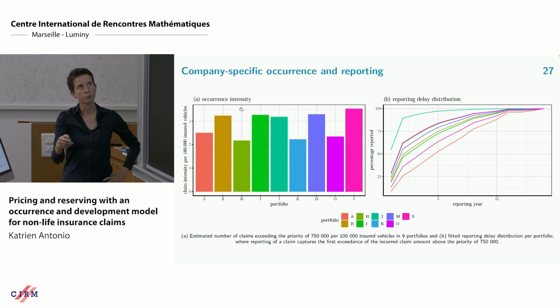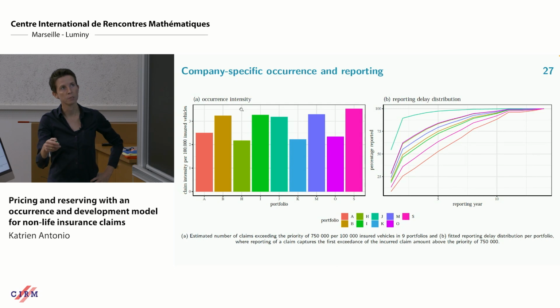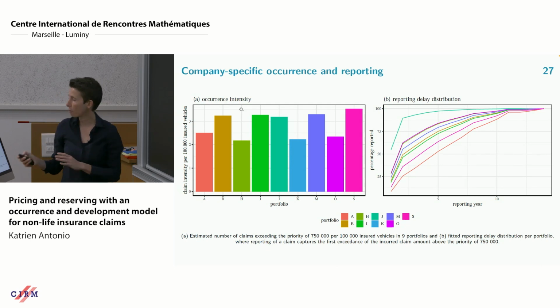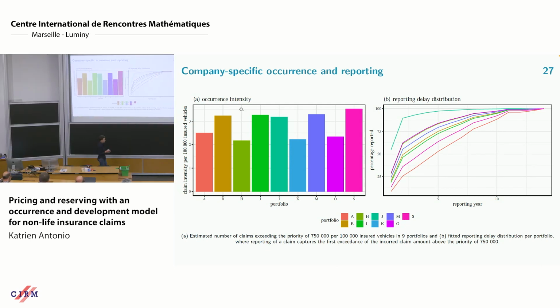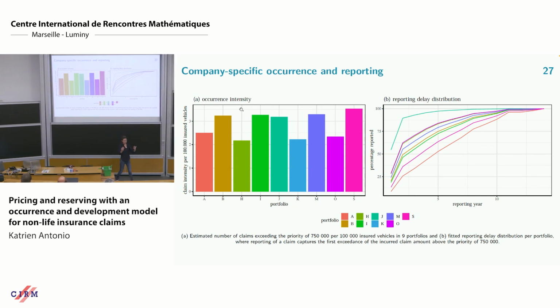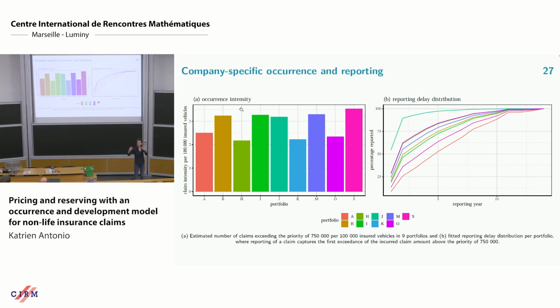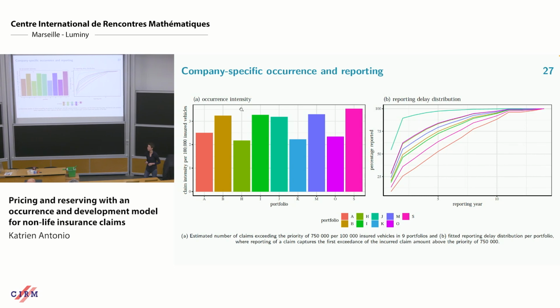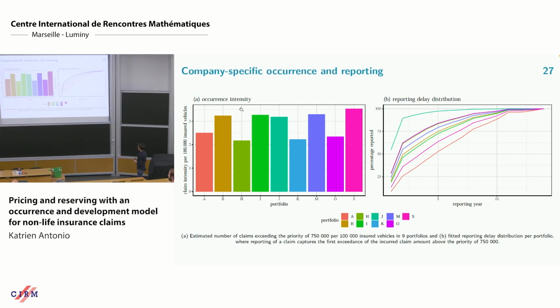And we see differences, of course, in the reporting delay distribution, which can have to do with differences in how these claim handlers set the incurred amounts within these different insurance companies, differences that can have to do with the composition of the underlying group of vehicles that the company covers.